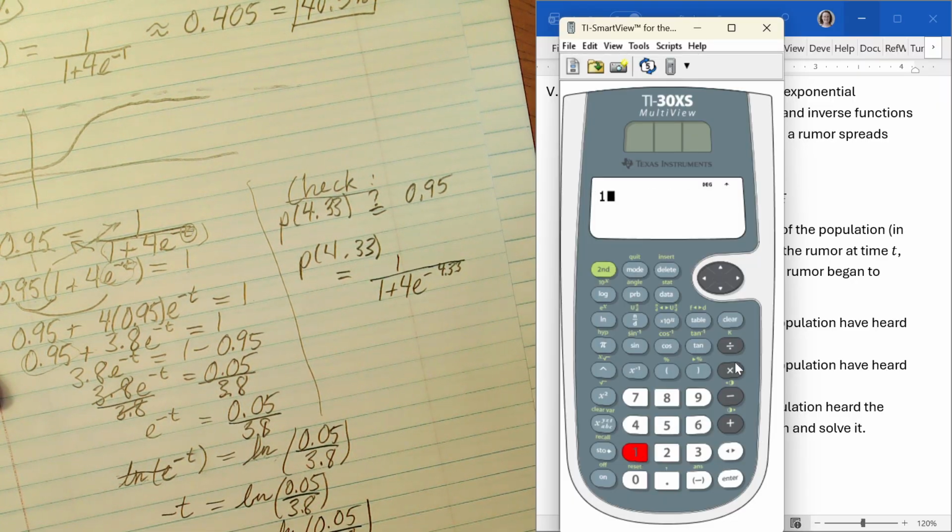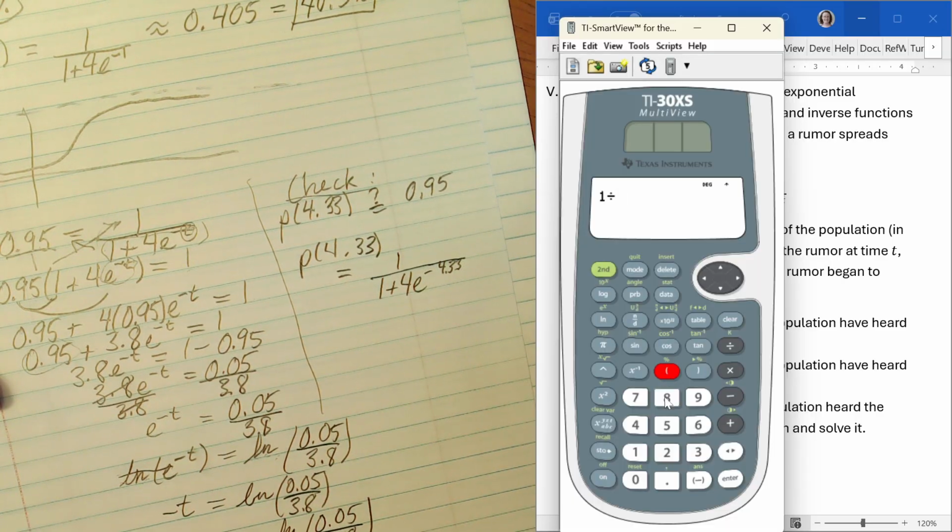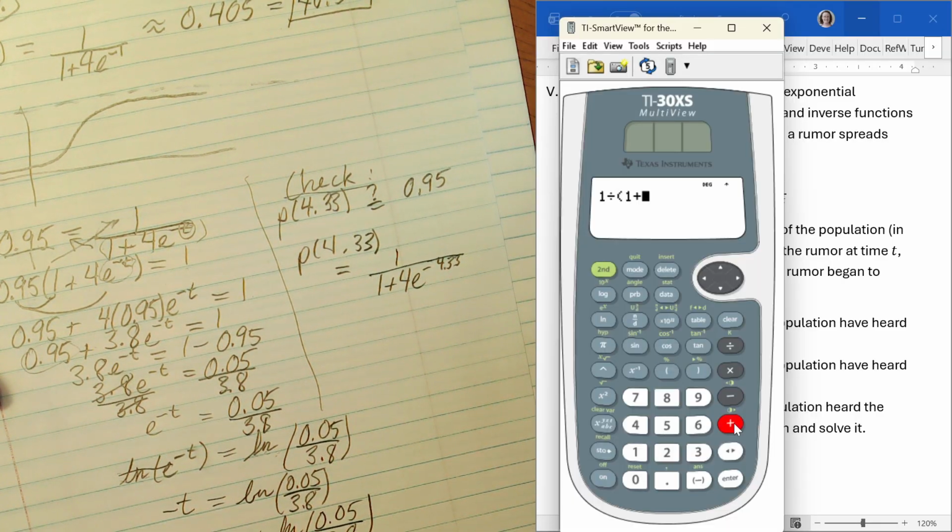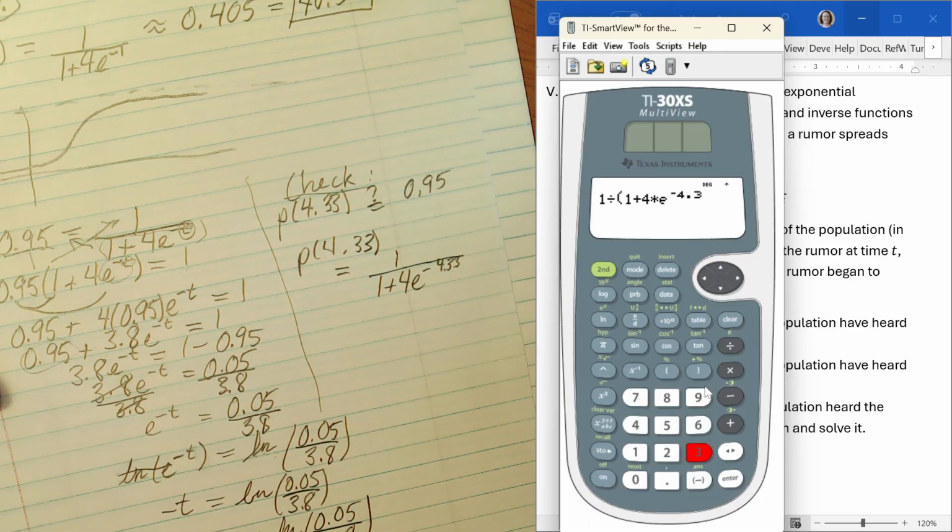So 1 divide by parentheses 1 plus 4 times second e negative 4.33. And I'll come down from the exponent, close parentheses.